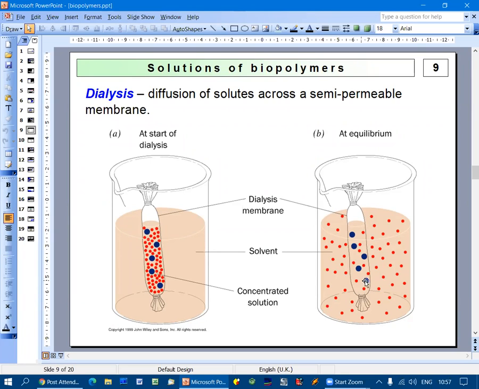So as a result, you will purify: if you remove now the solvent with particles of low molecular weight compound, almost pure sample of high molecular weight compound will be in this bag.